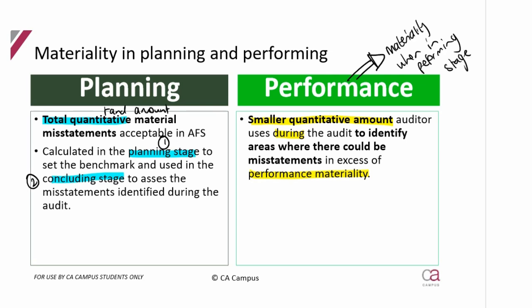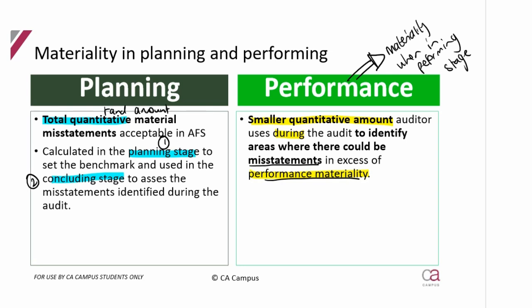So performance materiality is the materiality that we're using in the performing stage. And this is what we use to identify misstatements in excess of this amount in doing our audit work.